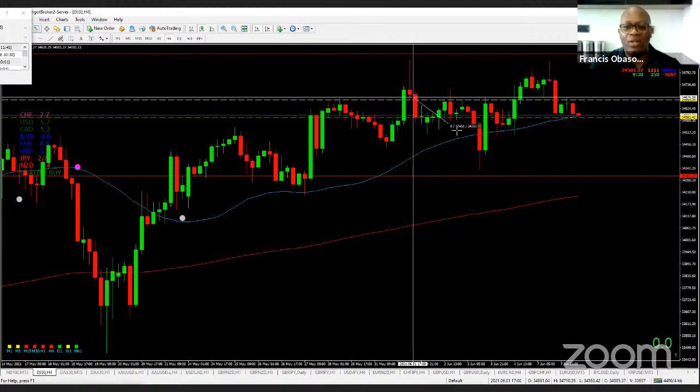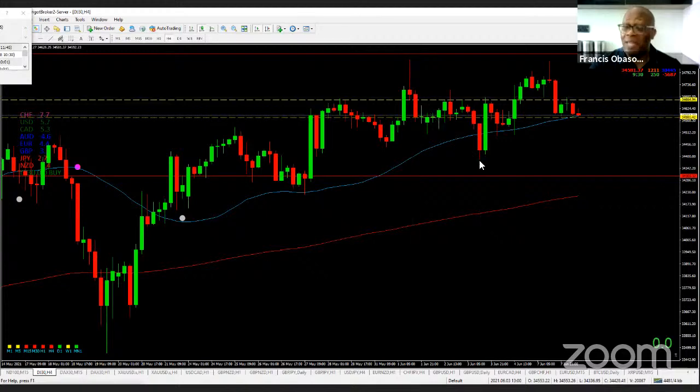You would have gotten all these pips. Again, in trading, you would need to be patient. Now, if you had jumped in this trade, it would not have played out in one day. I think this would have been 2 days.